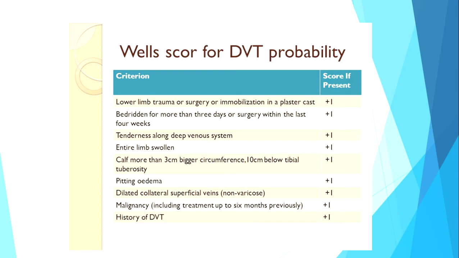Tenderness along the deep venous system, entire limb swollen, calf more than 3 cm bigger in circumference, measured 10 cm below the tibial tuberosity, than the other leg. Pitting edema, dilated collateral superficial veins, non-varicose, malignancy, including treatment up to 6 months previously, and history of deep venous thrombosis.